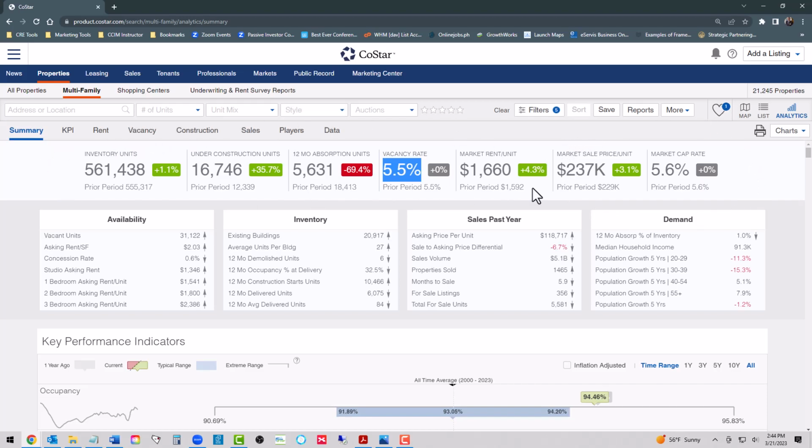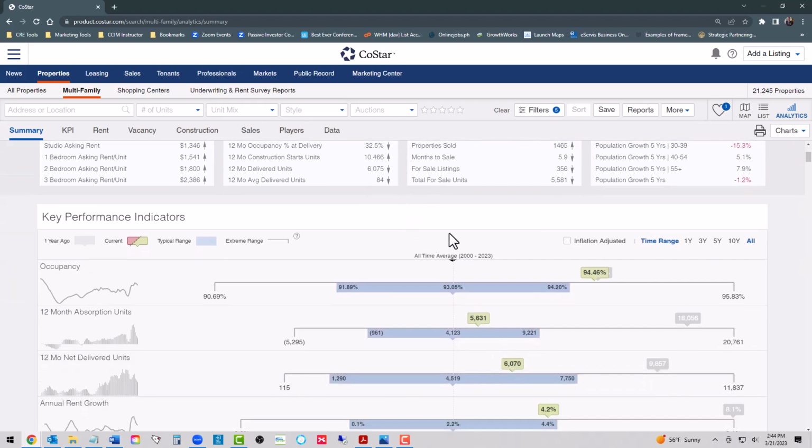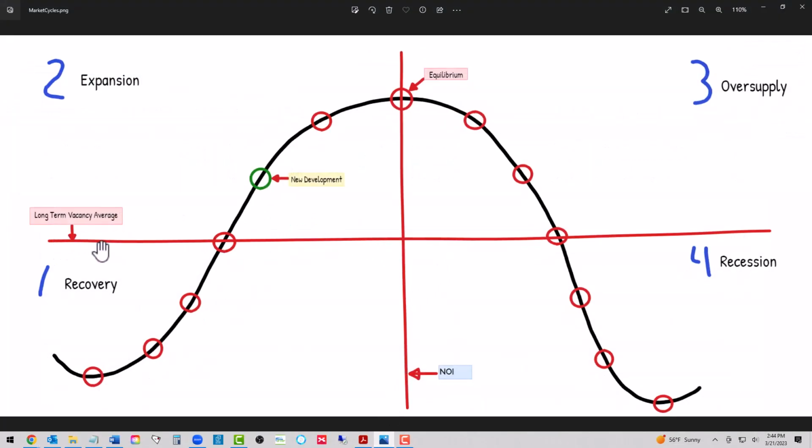We are just looking at the space market. If we scroll down and look at our long-term occupancy average, this market likes to be at 93%, and it is currently sitting at 94.5%. So above that long-term occupancy average. If we go back to that cycle chart again, it looks like we are somewhere above this line right here.